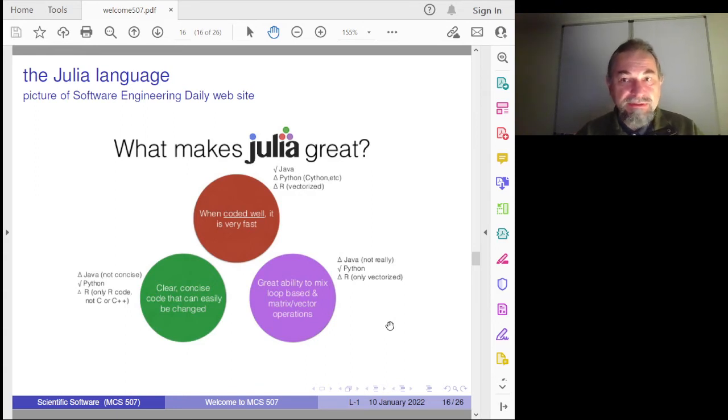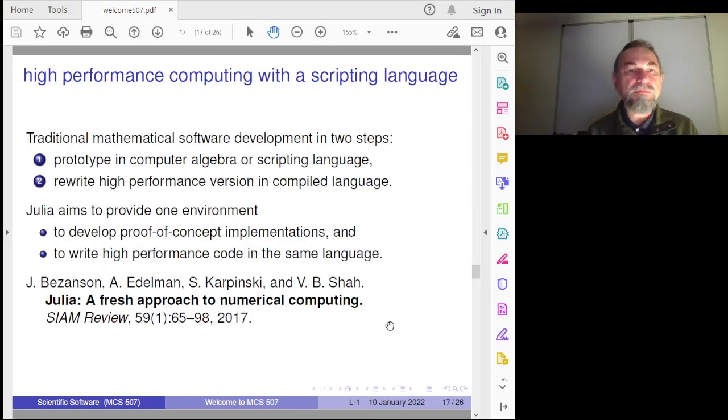Python has a nice syntax. If you do it well, then you write very short code and it's very adaptable. So this is a selling argument for Python, for Julia in a picture. There is the reference, the SIAM Review paper, which brought out to me also the language Julia, so now 4 or 5 years ago.